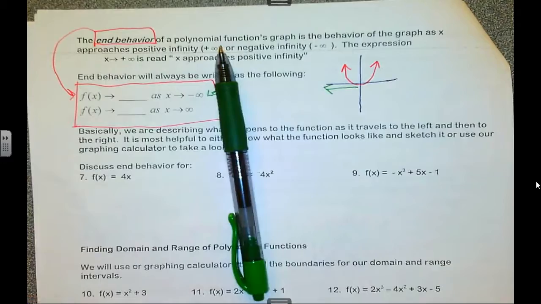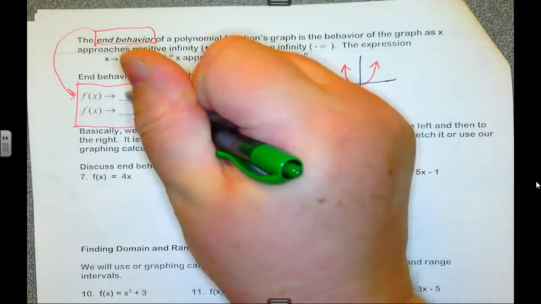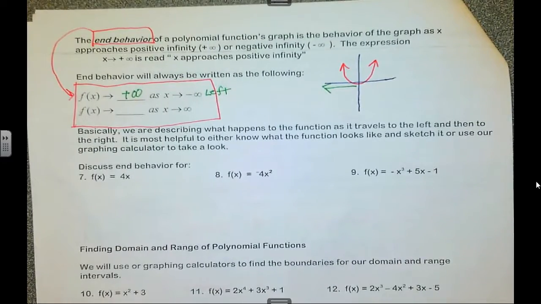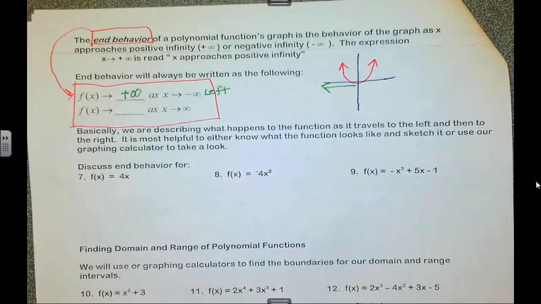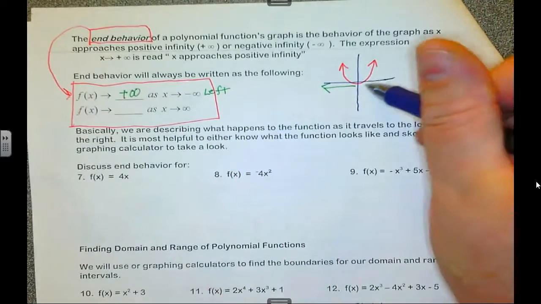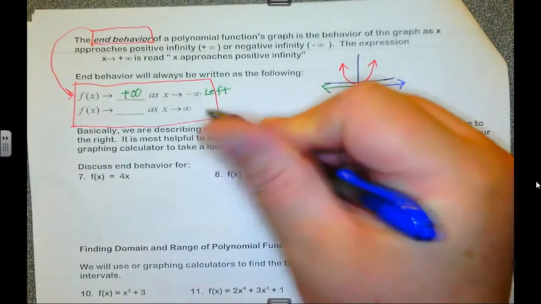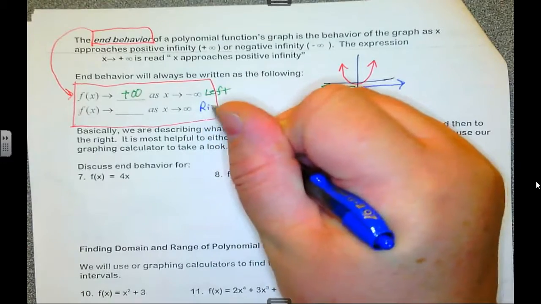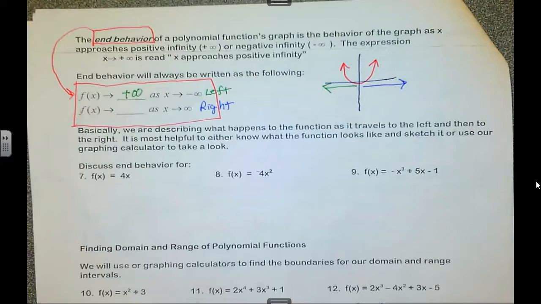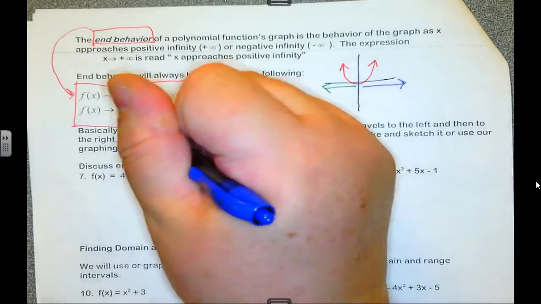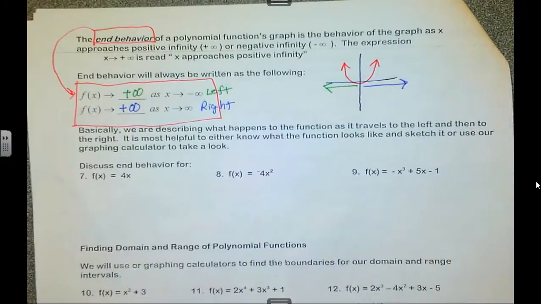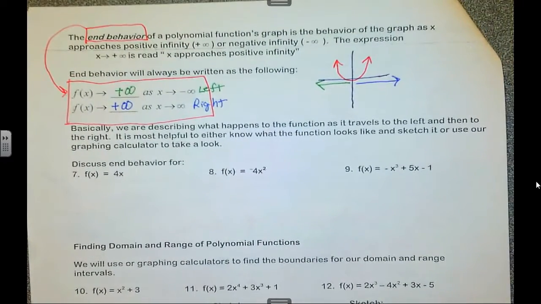Going to positive infinity. This says as x goes to positive infinity, so this is going to the right, what's happening to my y? Positive infinity.